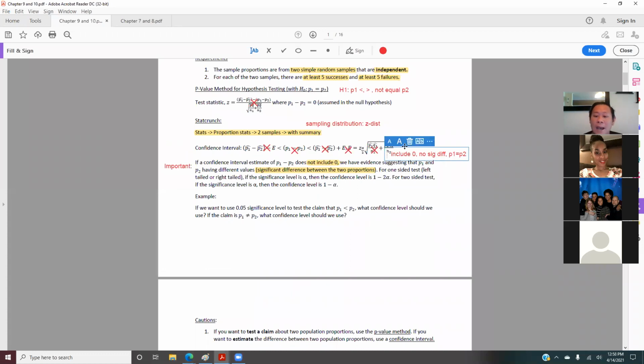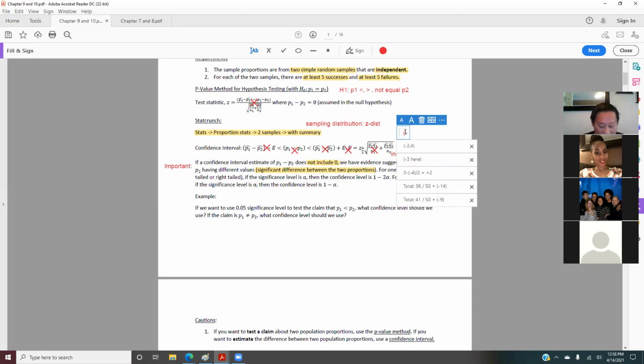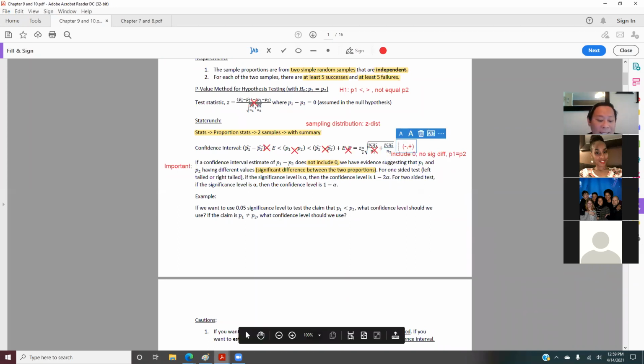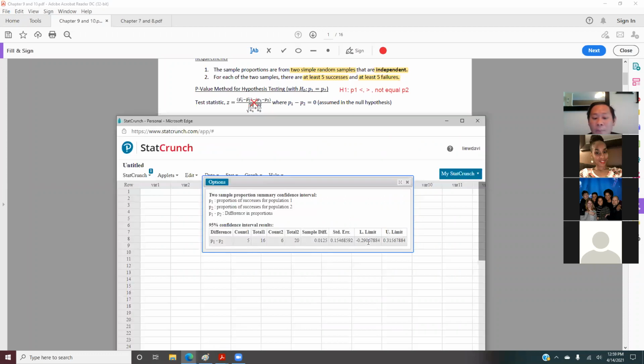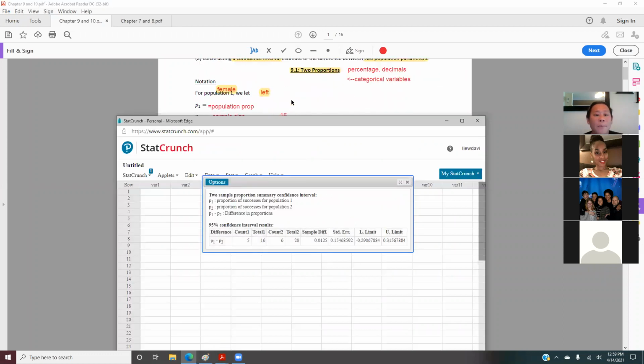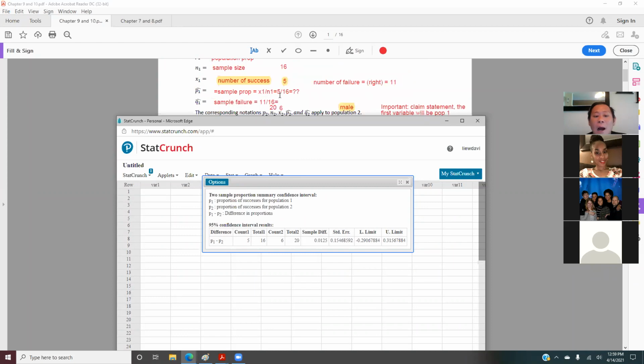So include 0 means that when your confidence interval has one negative, usually the lower one, and one positive, this is usually what you get when you include 0. So this tells us that by doing this testing here, female and male are actually equal. That means that lefty for male and lefty for female, they are equal in this case. Okay, so they're pretty much equal.